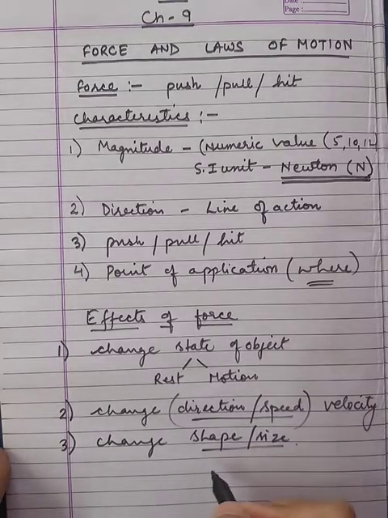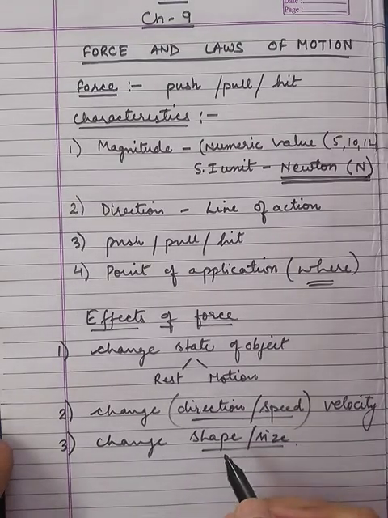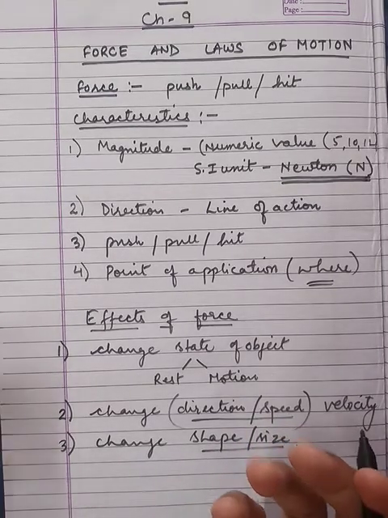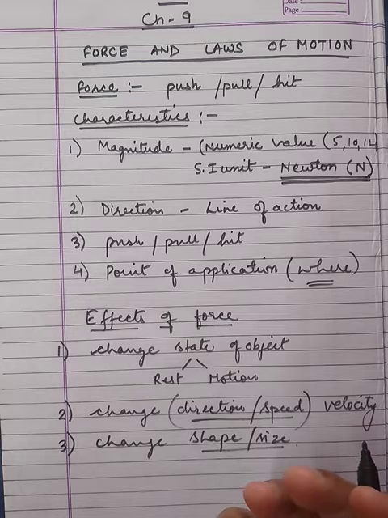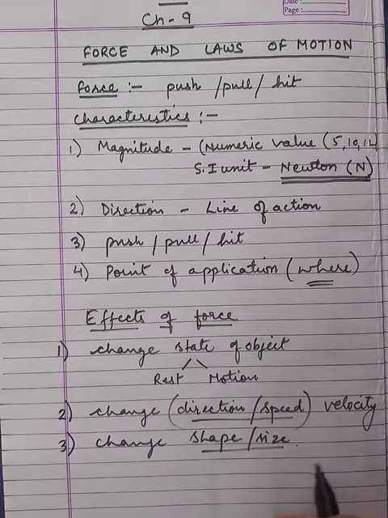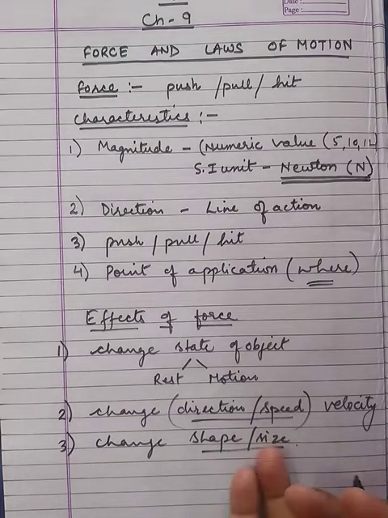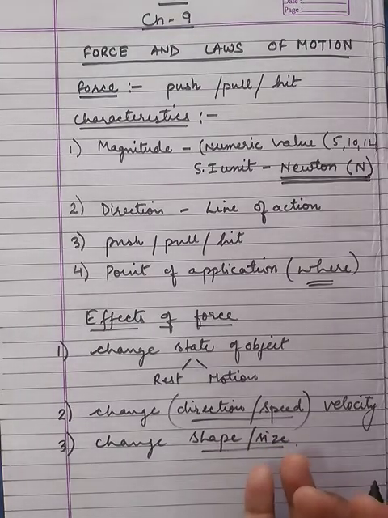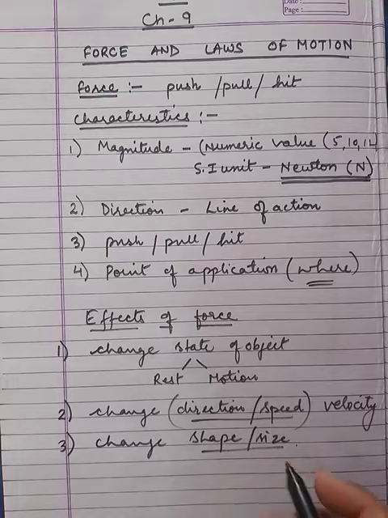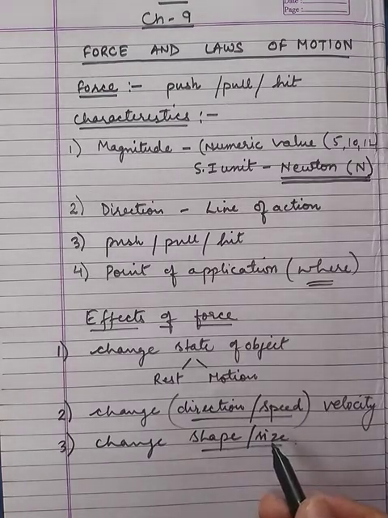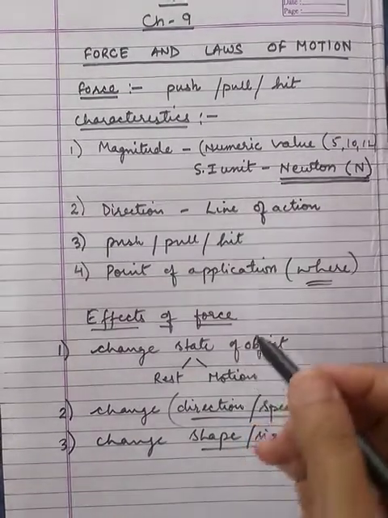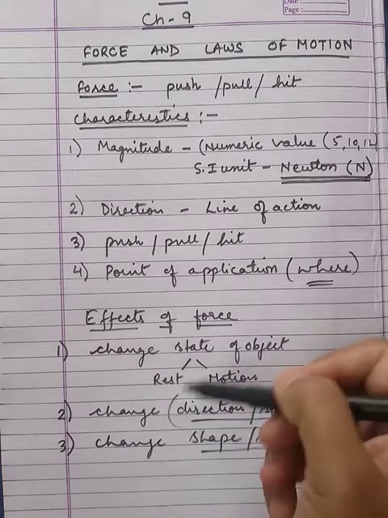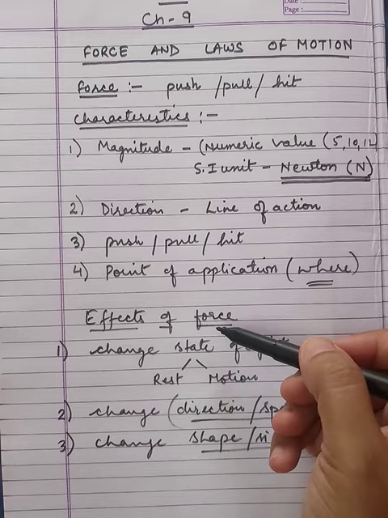So it can change the shape or size also. How? In any object, suppose a rubber ball is there, then we apply force, then its shape can be changed. Or if a glass is there, water glass, then we can break that glass, the size may change or shape may change. So this is how we can see three kinds of effects overall when we apply force on any object, okay.